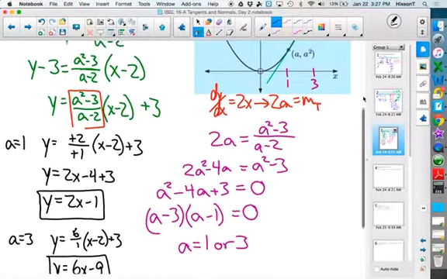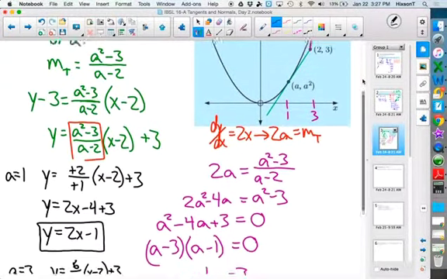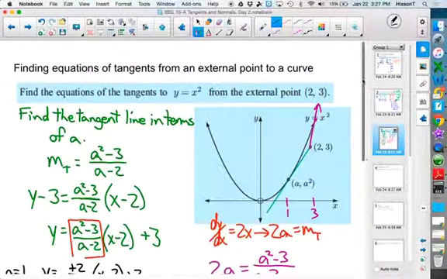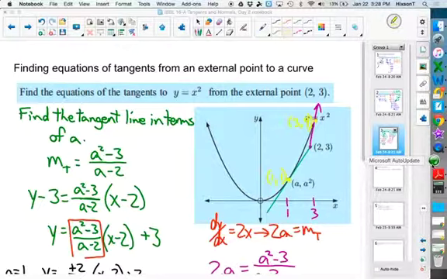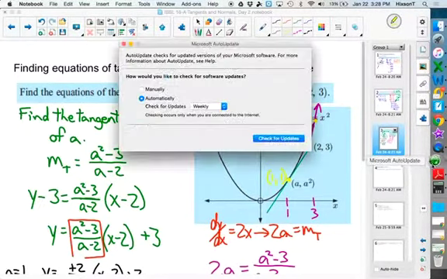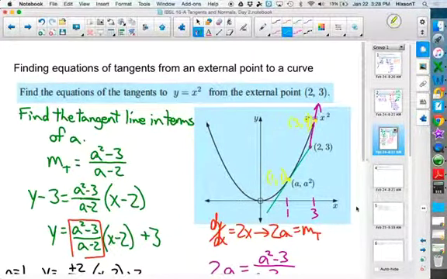Since this is the point (A, A squared), we find out this is the point (1,1), and up here we have this other point, the point (3,9). And those are the two different tangent lines.